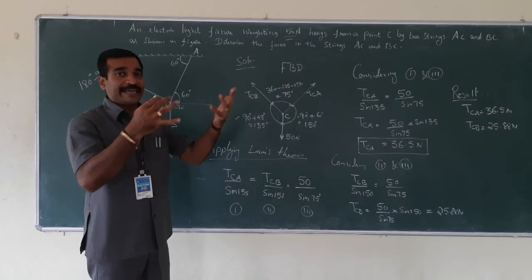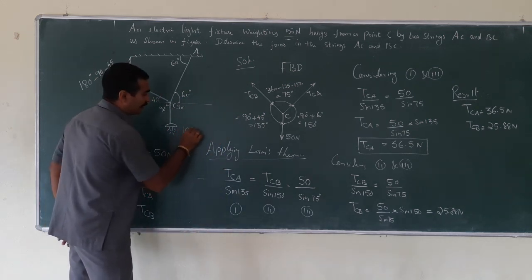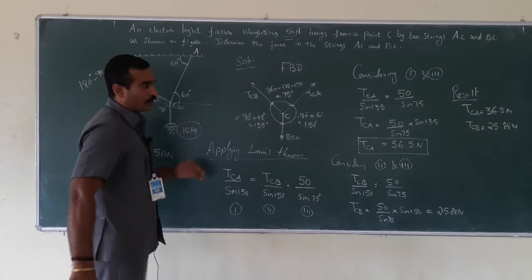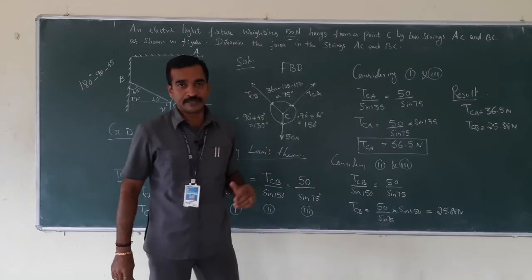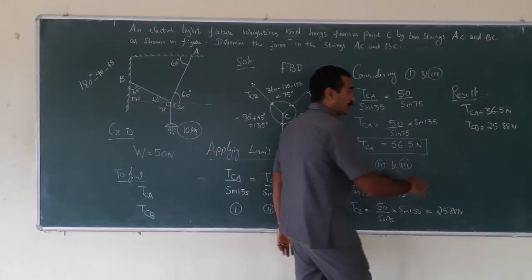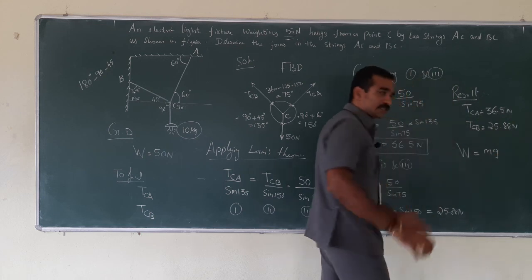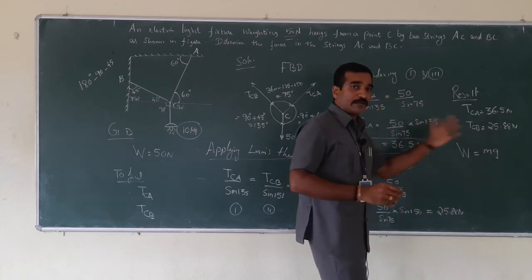Got it? Suppose in place of 50 Newton, it is given in kg. Suppose it is given as 10 kg. How will you convert that into Newton? I taught you in the previous video that the formula for weight is equal to m into g. Suppose the mass is given in kg, what you have to do?